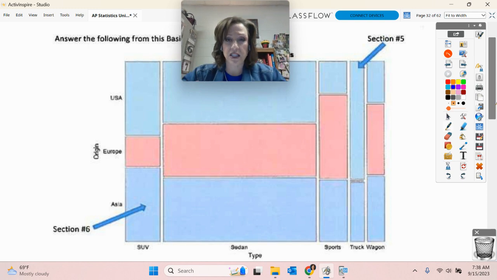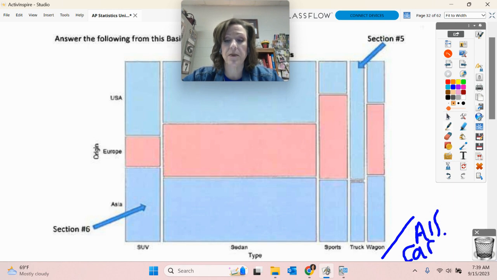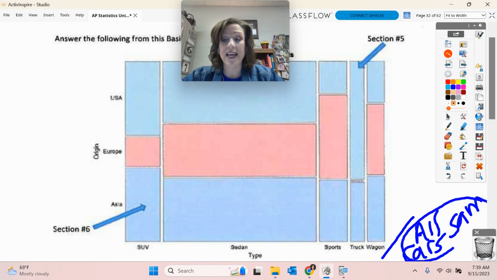So let's talk the generic x-axis and y-axis statement. So for the x-axis, that is your overall, your marginal distribution of vehicles. And so I want you to think in terms of all cars sampled. Okay, so all cars sampled is for the x-axis.